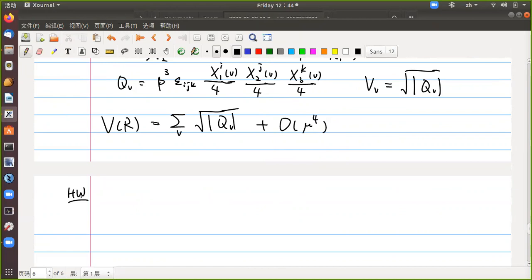Firstly, probably this is something you didn't really prove before. To prove that the continuum limit of the square root of Q converges to the volume, you need to first prove the relation of P if you reverse the edge.